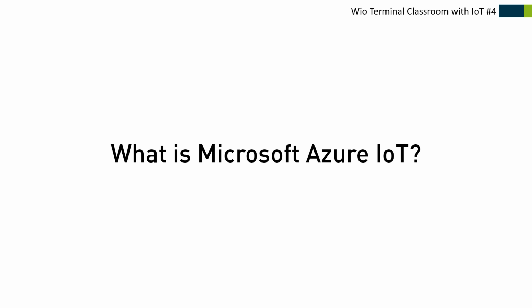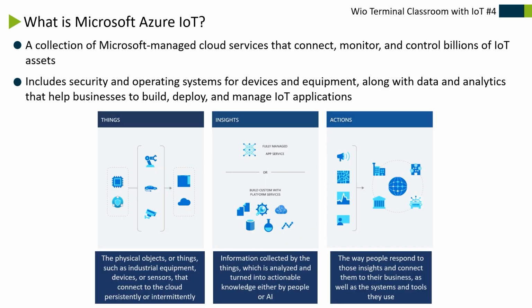What is Microsoft Azure IoT? Microsoft Azure IoT is a collection of Microsoft managed cloud services that connect, monitor, and control billions of IoT assets. It includes security and operating systems for devices and equipment along with data and analytics that help businesses to build, deploy, and manage IoT applications. When talking about Microsoft Azure IoT, we consider how these services work together across three components.